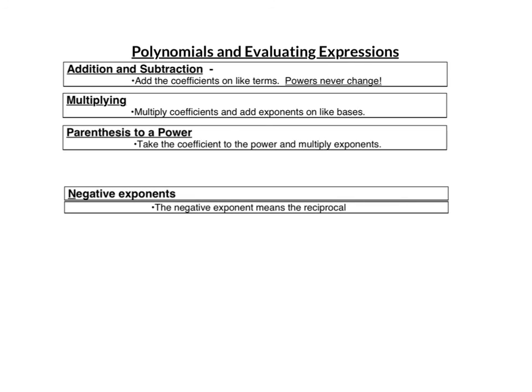Parentheses to a power, that's a power to a power. Take the coefficient to the power and multiply your exponents. And then remember, negative exponents, when you see that, the negative means it's on the wrong side of the fraction line. Move it to the other side and change it to a positive exponent. The negative exponent means reciprocal.